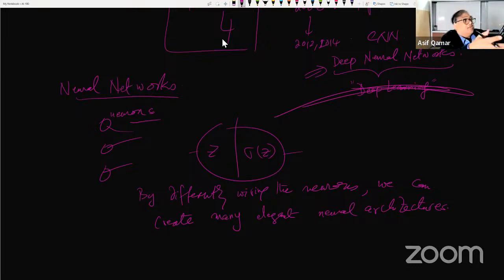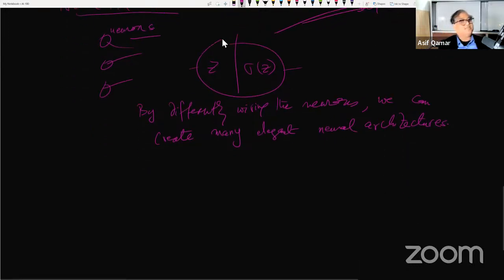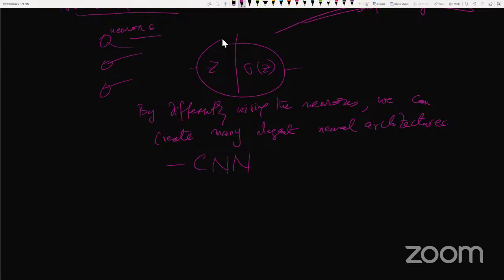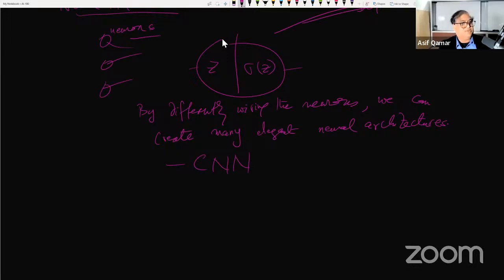You can make a castle, a train station, a library. Each of these is a different architecture. Are you following me? Of the different architectures that you'll create, we are at this moment starting with CNN. It's one of them. Now, is it making more sense? So CNN is just a neural network you can create by wiring the neurons.